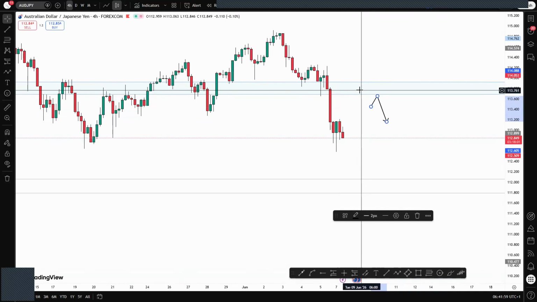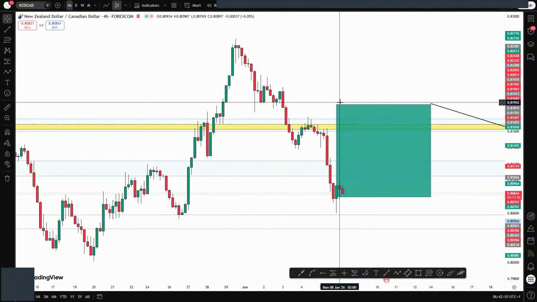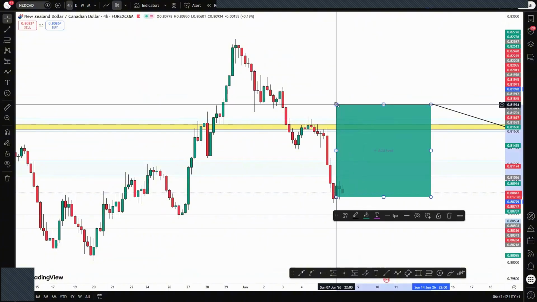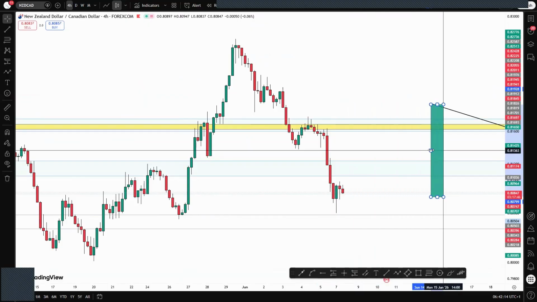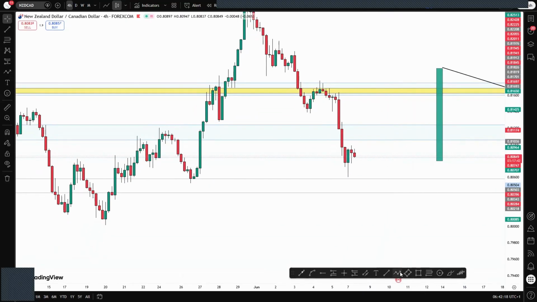So these are the pairs that we chose. Now let's go through the ones that we left out for next week. NZD card, like I told you, we need that daily push. And there you can see the 4-hour is trying to make a new lower low and a new lower high at this level. But this is no OG level.